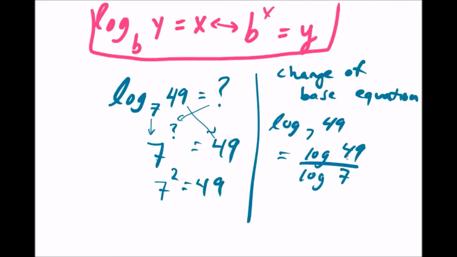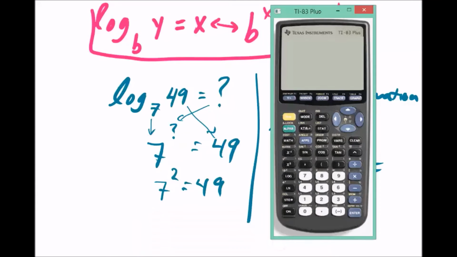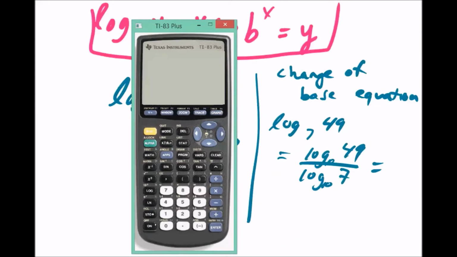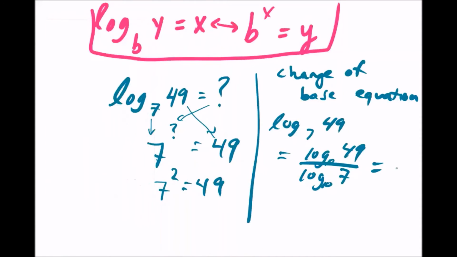So of course, using the calculator, that's log base 10, because that's the only type the calculator understands, but it doesn't matter because it actually works here. So we just type this into the calculator. We get log 49 divided by log 7, and it tells us it's 2. So you can do it without a calculator and with a calculator.